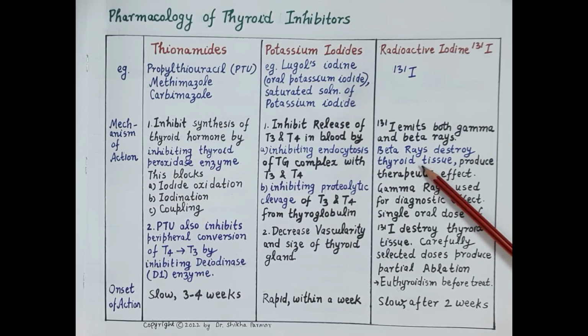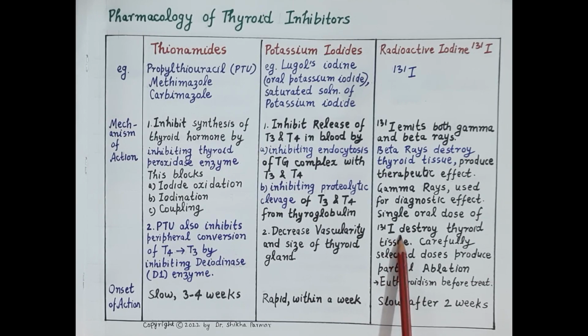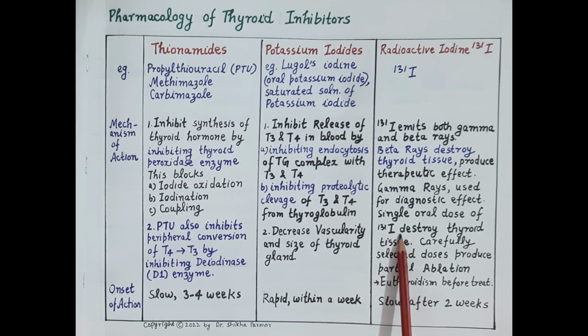Now a carefully selected single oral dose of iodine 131 causes partial ablation or partial destruction of the thyroid tissue. So this partial destruction of thyroid tissue effectively controls hyperthyroidism, but normal required synthesis and secretion of T3 and T4 is not prevented.